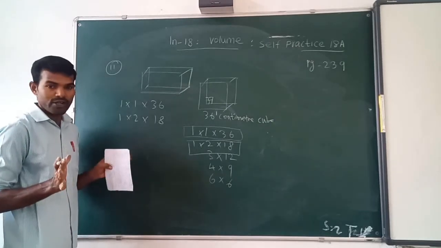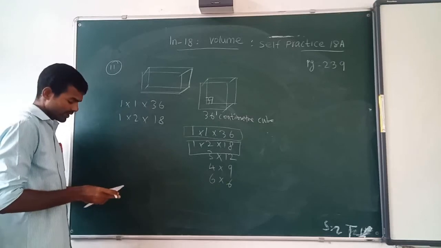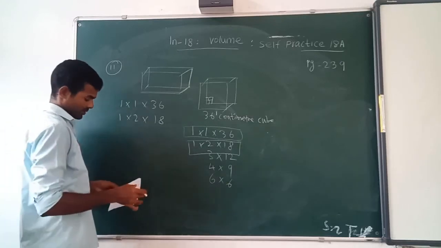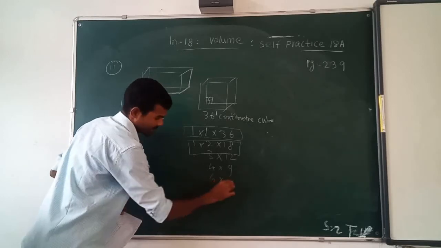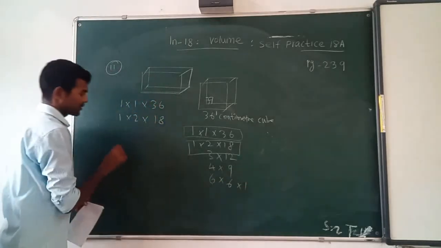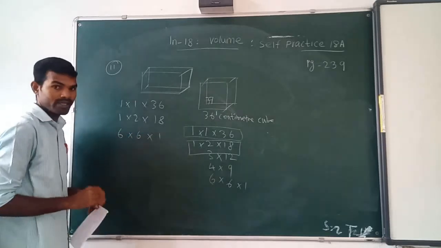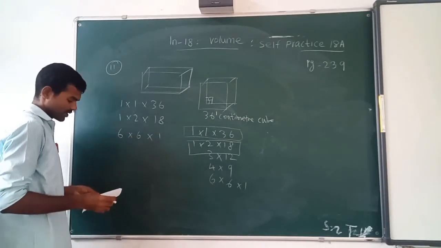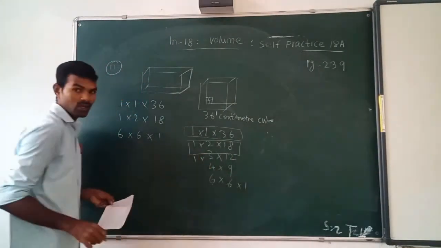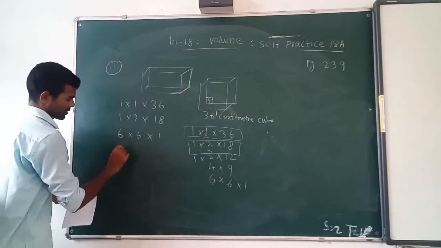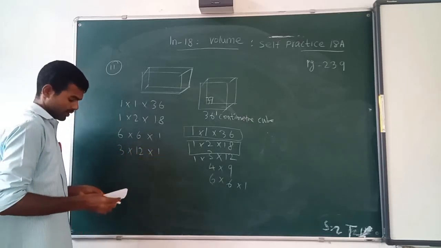Like this, when you multiply 3 numbers, the total must come to 36. Next, 3 multiply 12 multiply 1.